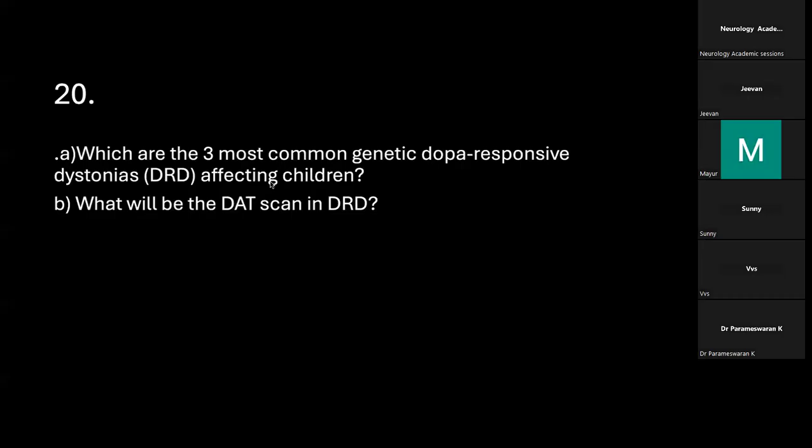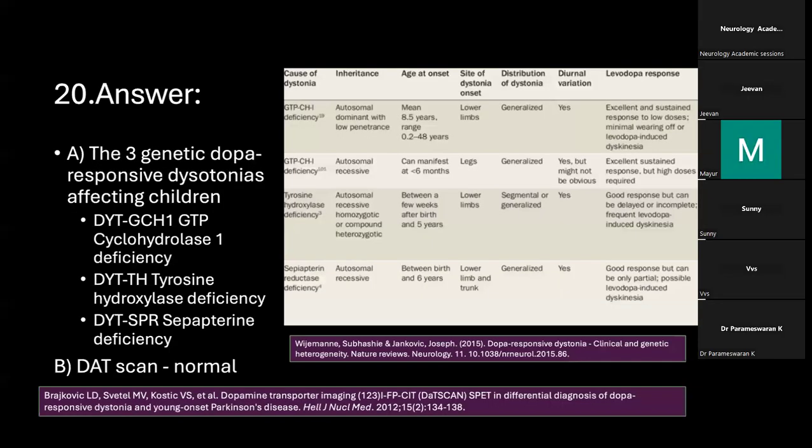All of these conditions have mostly age at onset between neonatal to 5 to 6 years, except for GTP-CH1 deficiency, autosomal dominant, where there is a variable period mentioned here, that is 0.2 to 48 years, and all of them present with generalized dystonia, and all of them have diurnal variation.